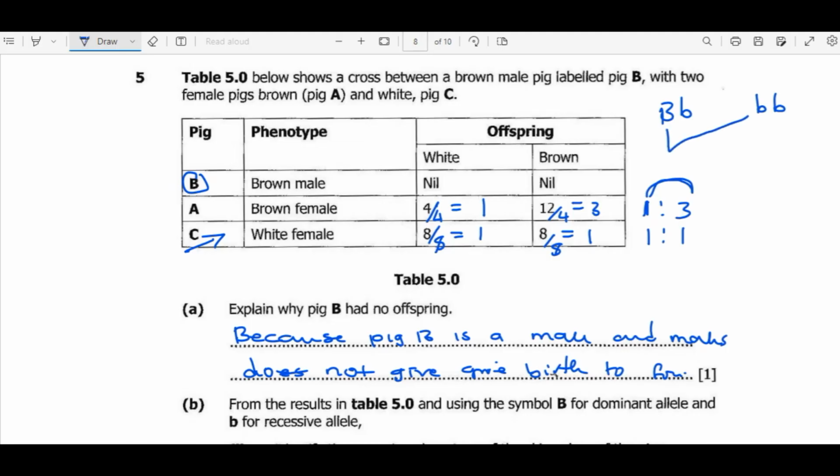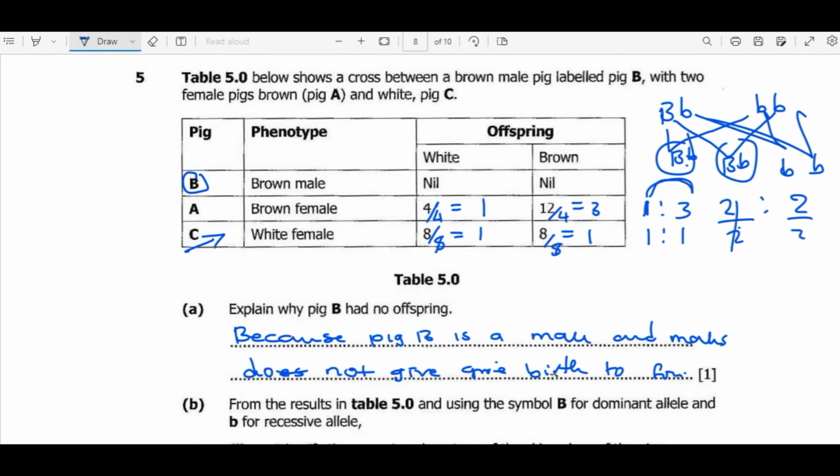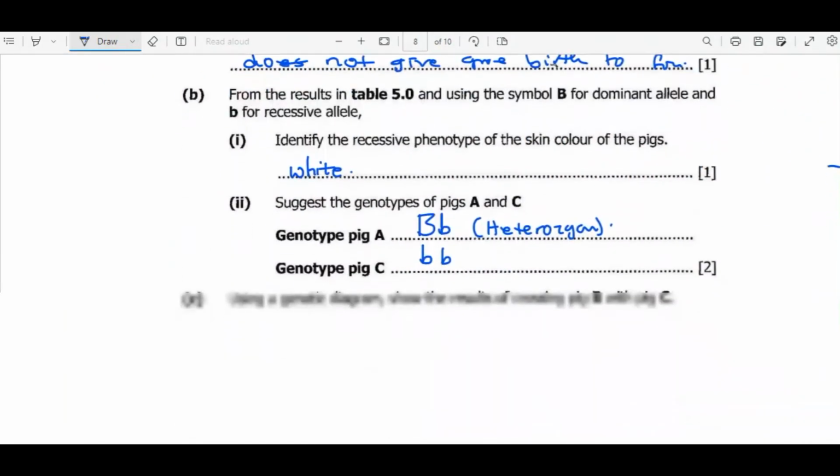So the key point is here. So we have 2, then 2. So 1 plus 1 is 2, also 2. So whenever you have 1 to 1, it means one genotype must be heterozygous, then the other one must be homozygous.